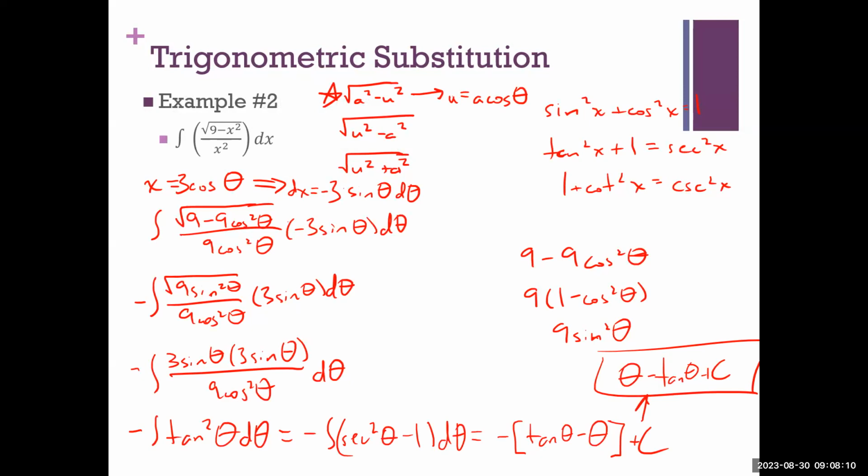As I teased last time, we're going to have these three different forms we're going to primarily deal with under a radical: a squared minus u squared, u squared minus a squared, and u squared plus a squared. And basically those will dictate what kind of trig substitution I want to use. So we chose cosine for this case. Why did that work?